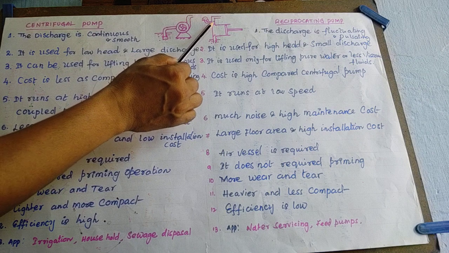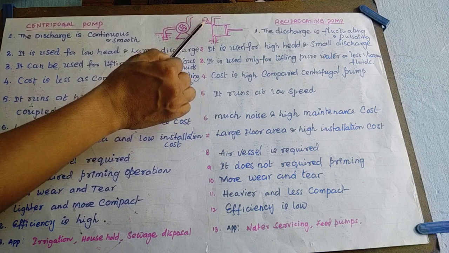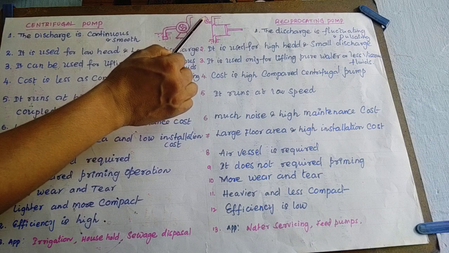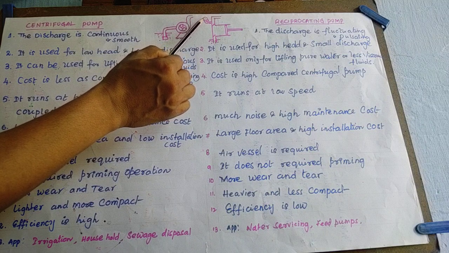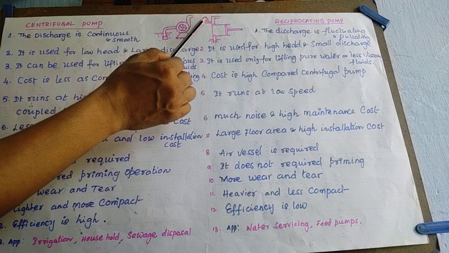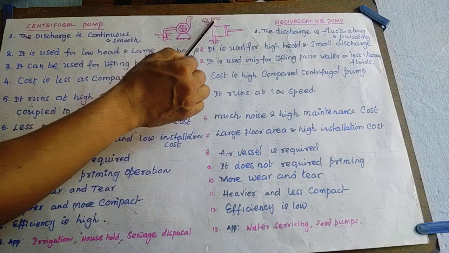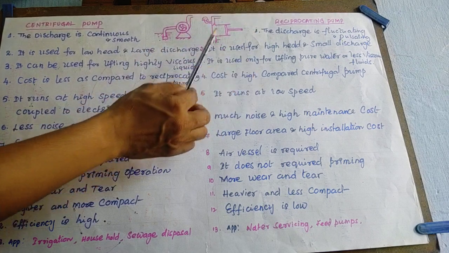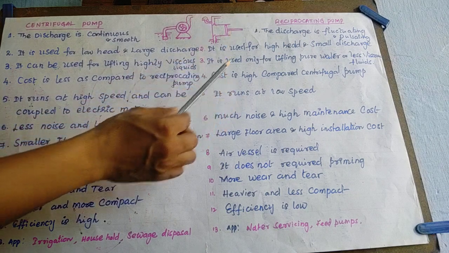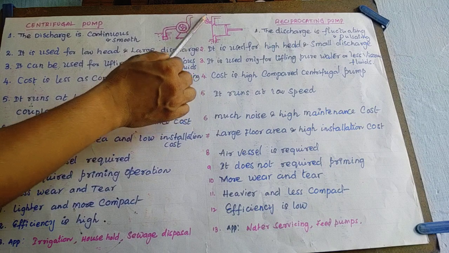During the discharge, some quantity of water enters the air vessel, and this water will pressurize the air which is present in this container. During the suction stroke, whatever water entered will be pushed downward by this air into the discharge tube and supplied to the required places, so that continuous flow is possible by using these air vessels.